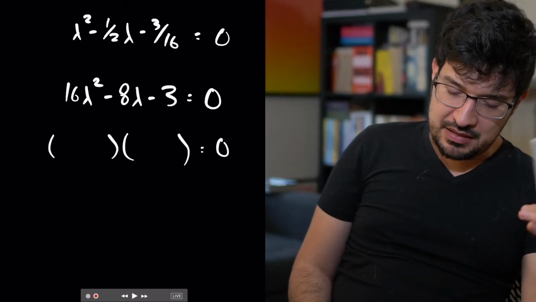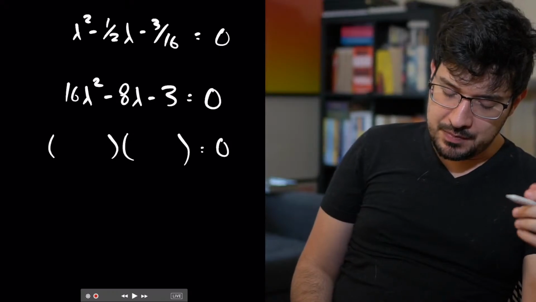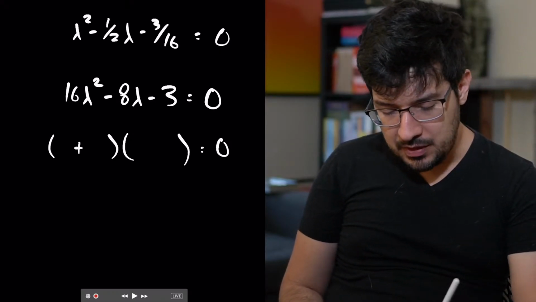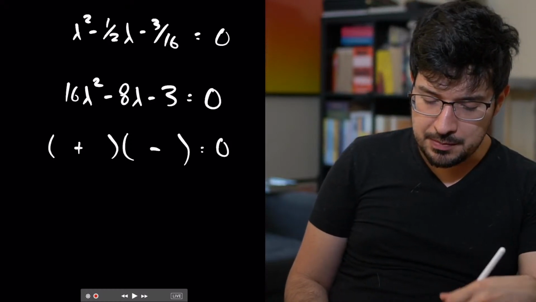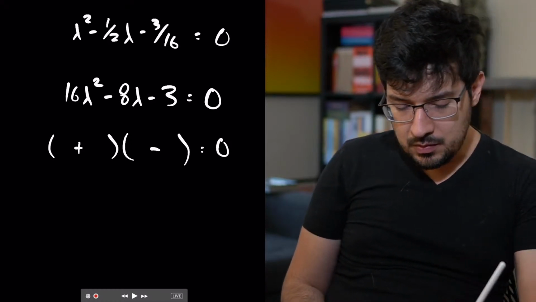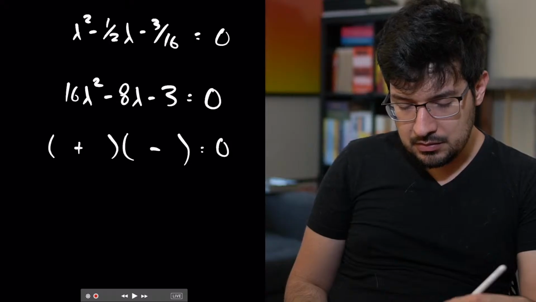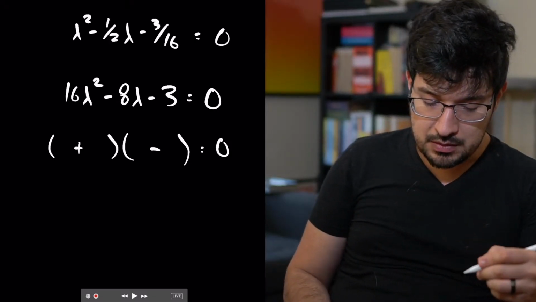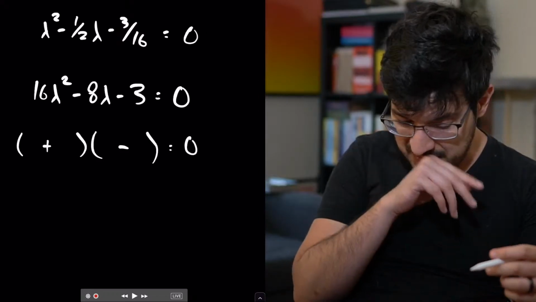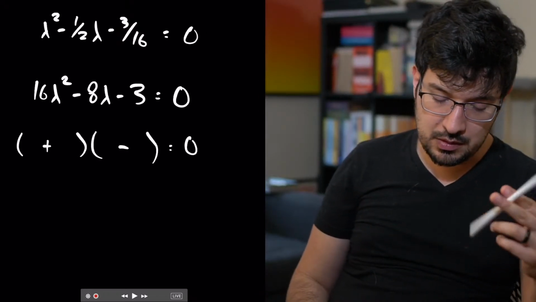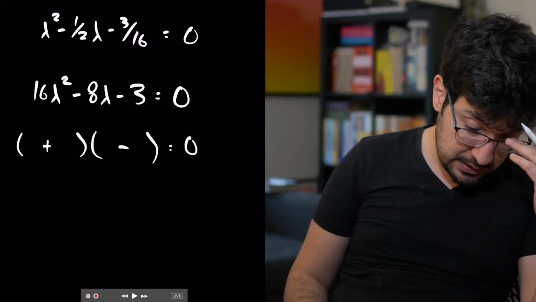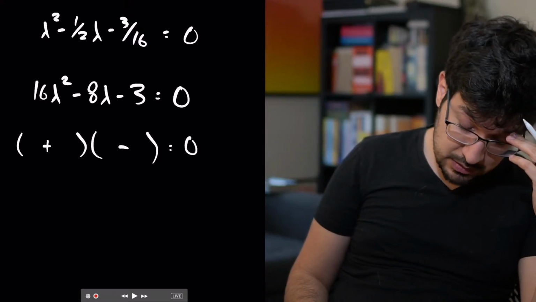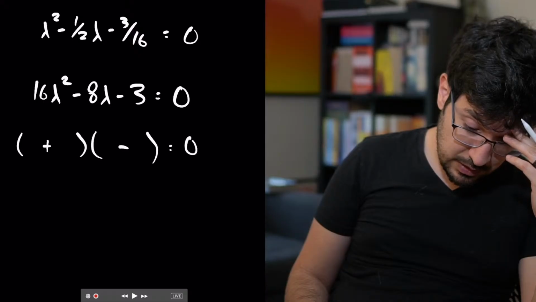I don't know if this is any easier to factor, really, but one of these needs to be positive, and one of them needs to be negative, because they multiply to -3. One of them is most likely 3, and the other one is 1, because 3 is prime. So we want terms that 2 times 3 is 6, and then 8.